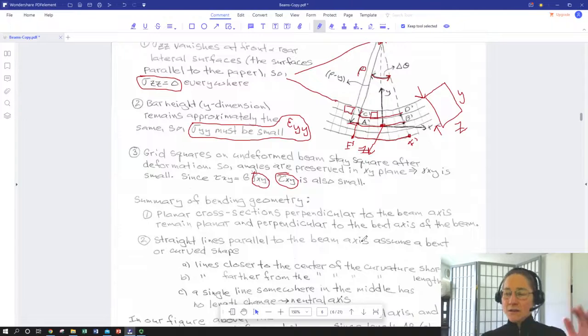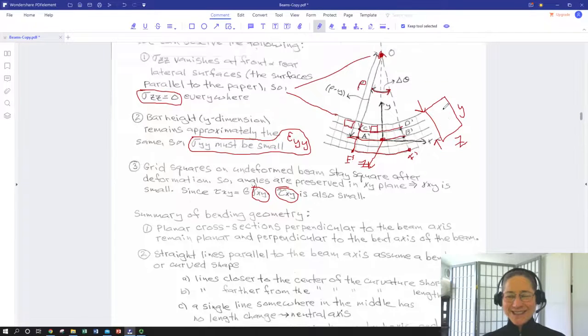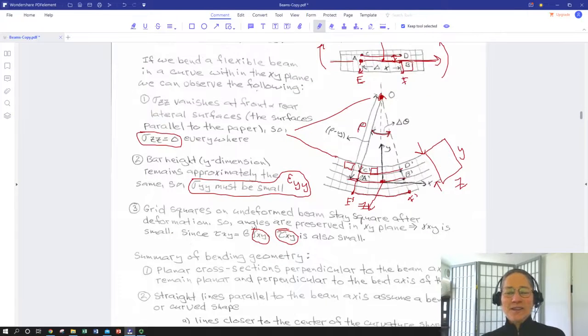There's a single line somewhere in the middle where the length before and after bending hasn't changed. As it turns out, that corresponds to the centroid, the y centroid of our cross section, y bar.